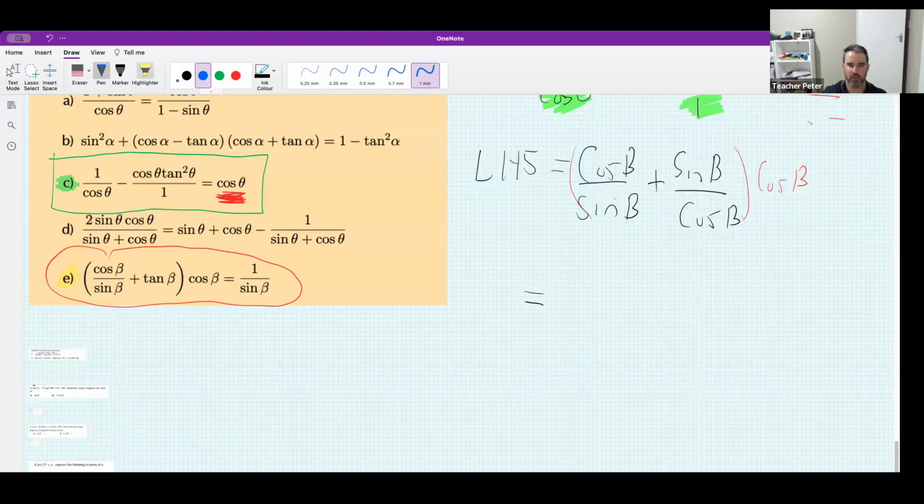If only the denominators could be the same, it would be so nice. Is there a technique we can use? I do believe there is.